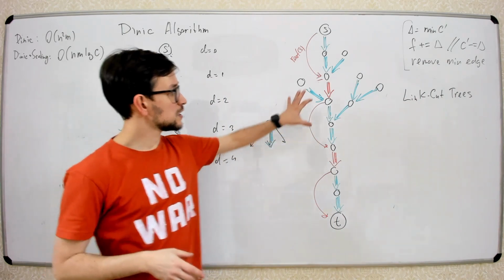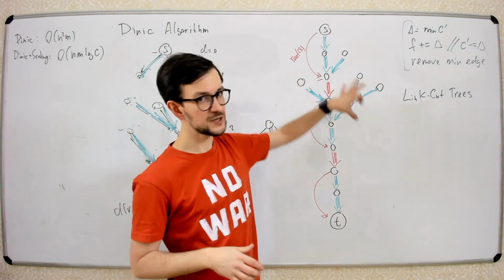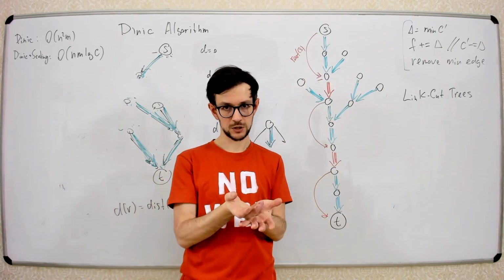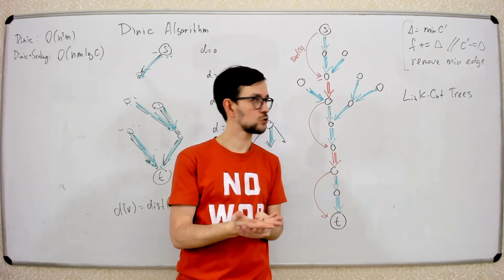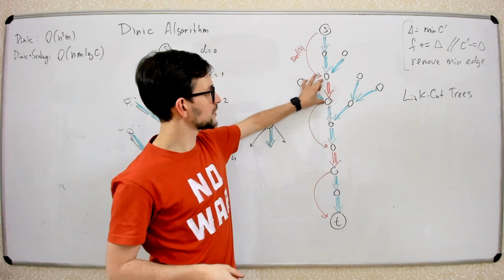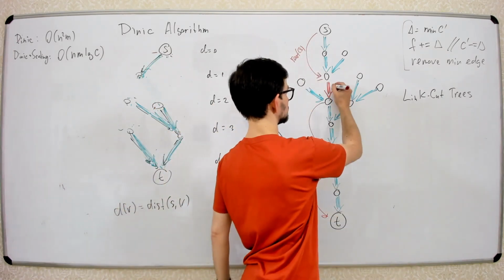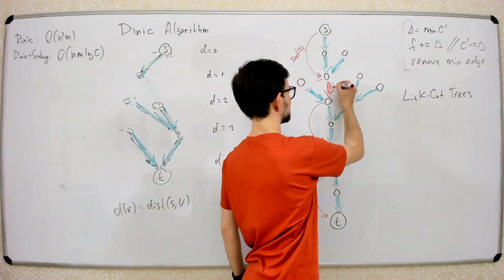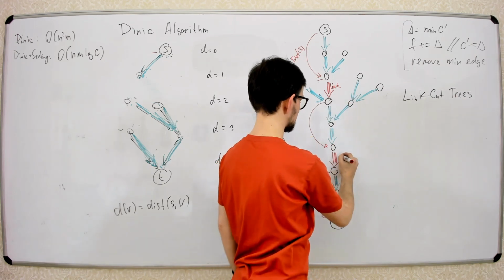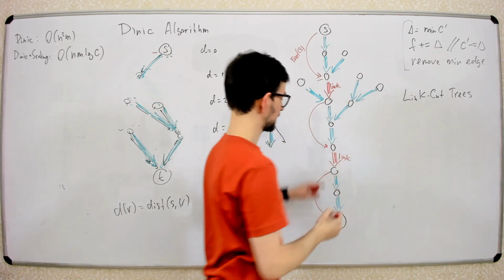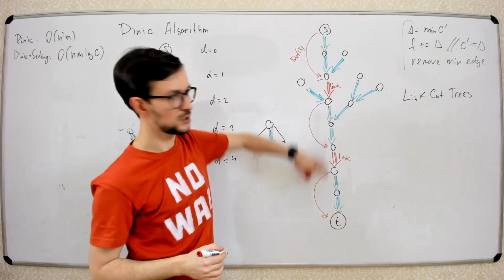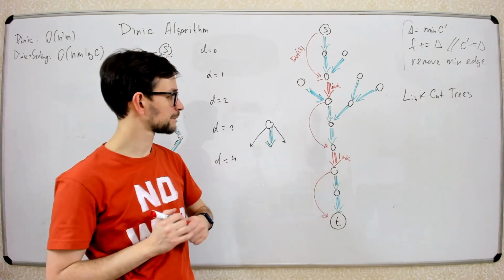So again, each of these blue trees will be a link-cut tree. What you need to do? You need to be able to link these trees. So this operation is link. And this operation is link. So you link two trees into a single tree.